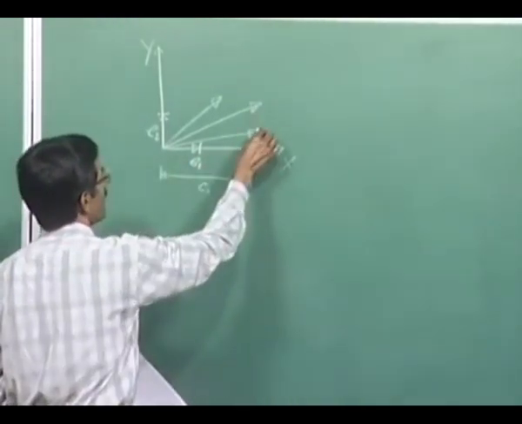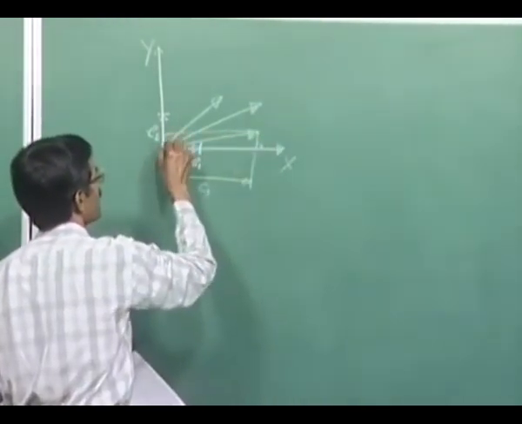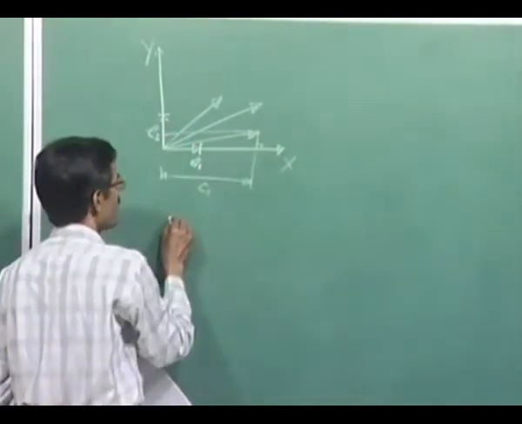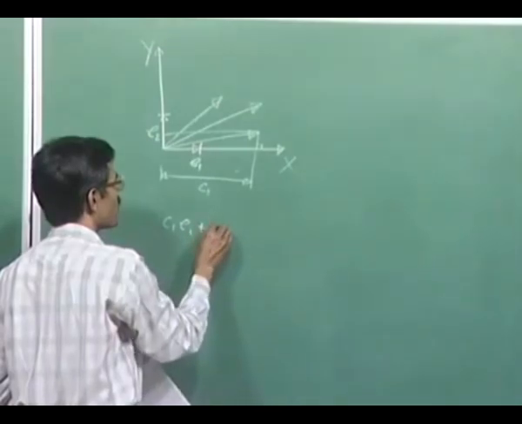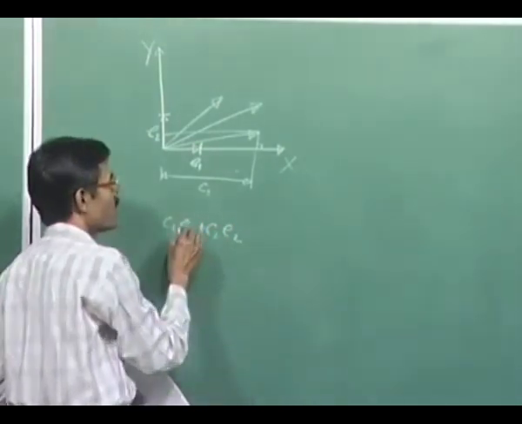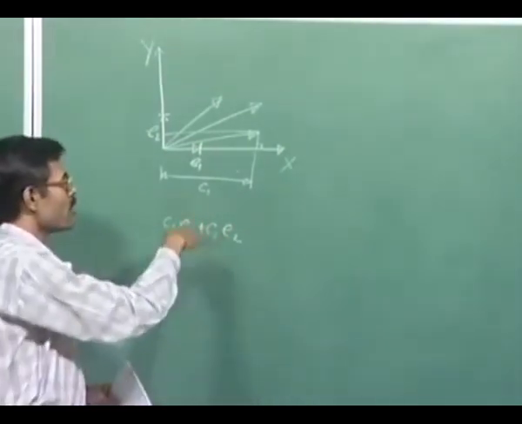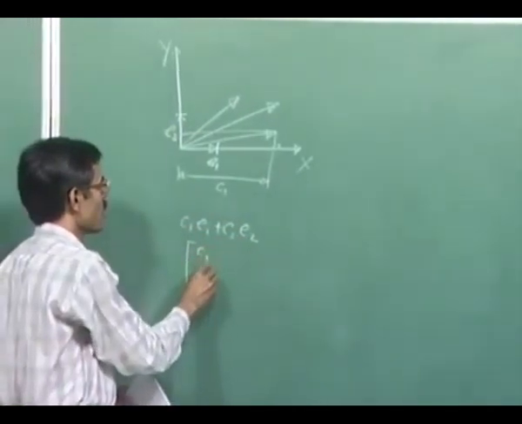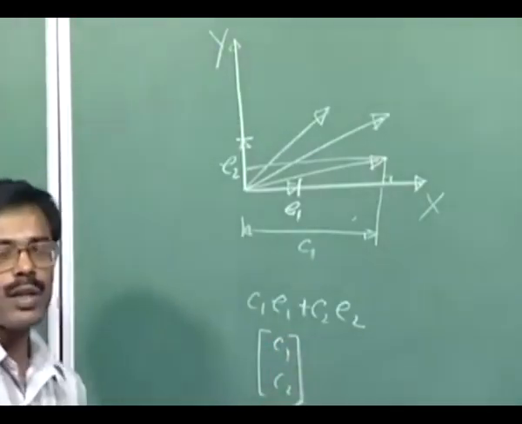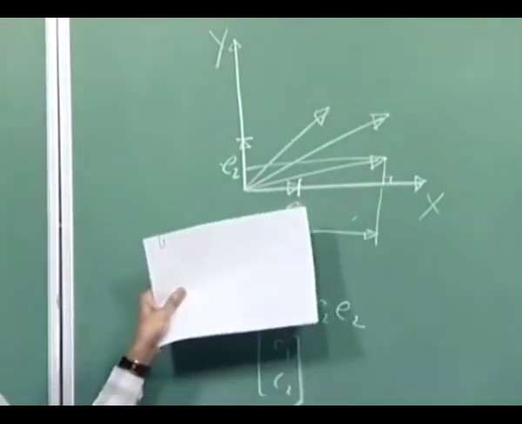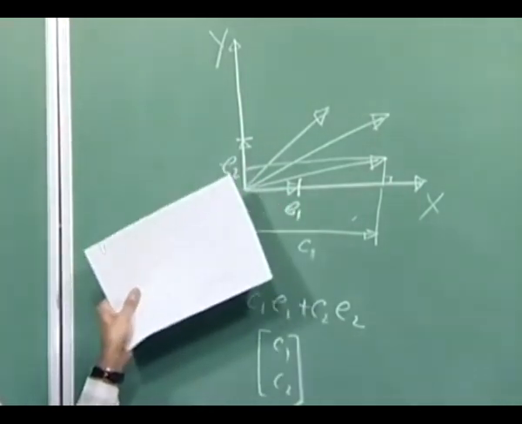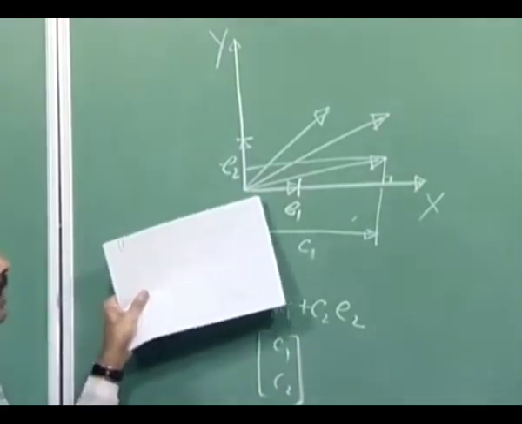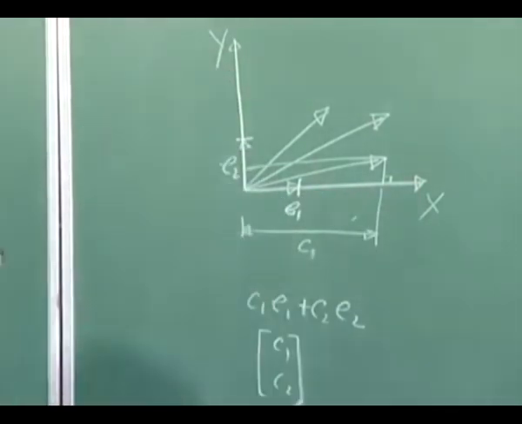Similarly, this length gives us C2, and then this vector gets represented as C1 E1 plus C2 E2. Since E1 is (1, 0) and E2 is (0, 1), the representation turns out to be (C1, C2). This is an orthonormal basis. At least orthogonal we will be looking for, if the axes are at right angles.